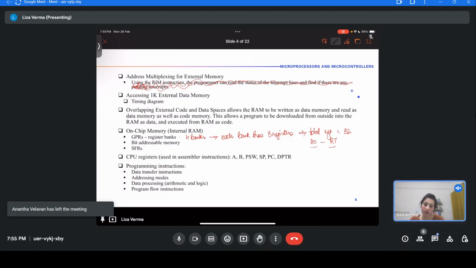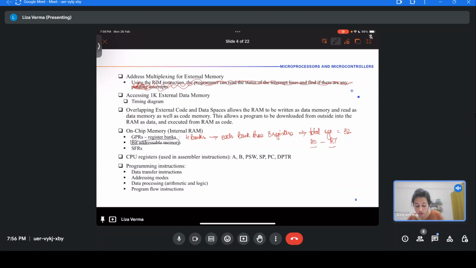Then we have bit addressable memory. There's this part of internal RAM which is bit addressable, and this was also discussed by Sir, I guess, right? So you can address these memory locations by their bits.